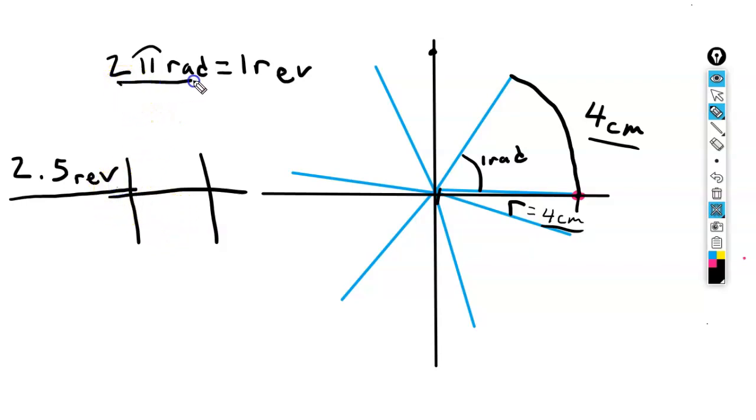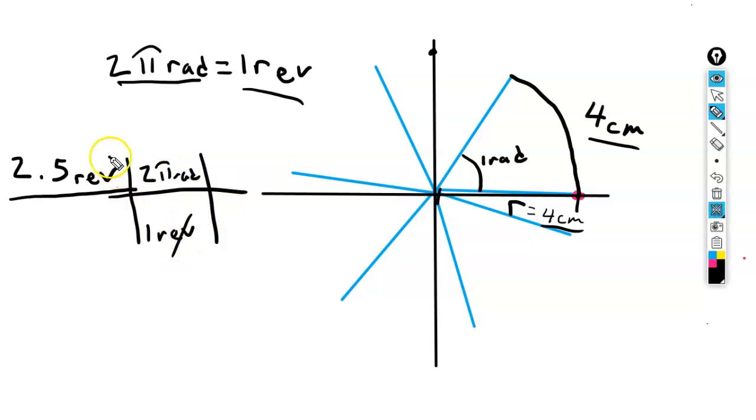I've got my factors that are equal to each other, 1 revolution and 2 pi radians, and I put one of those on the top of this box and one on the bottom. And I want to cancel out my revolution, so I put 1 revolution on the bottom of this little fraction that I'm making, and I put 2 pi radians on the top.